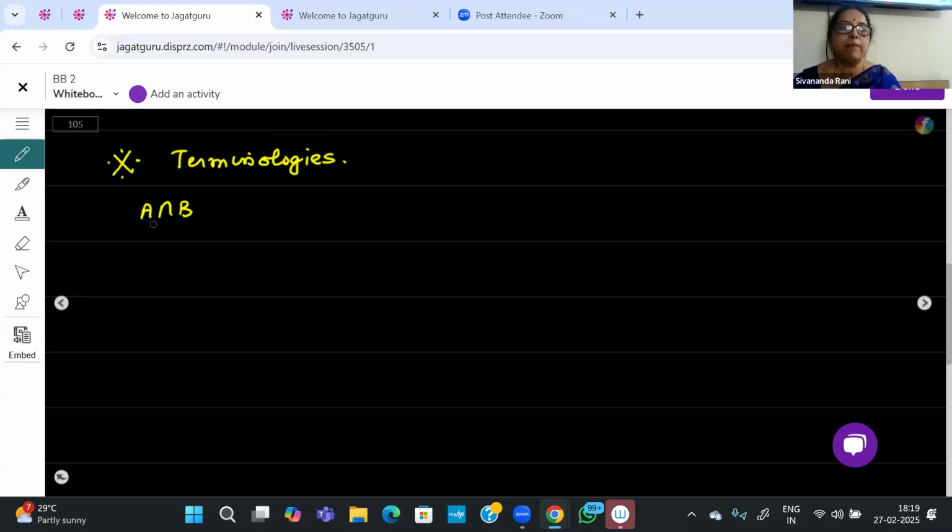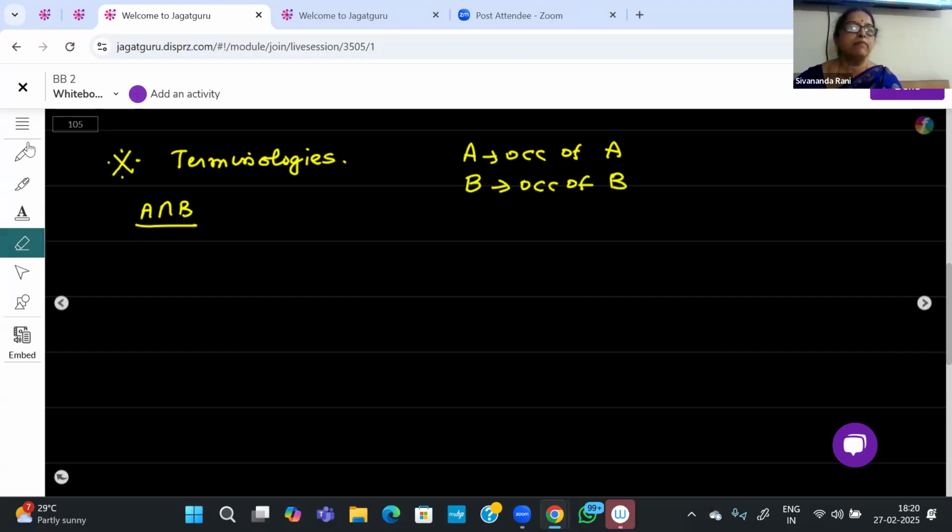So, for example, I'm interested in this event. A and B seem to be two different events. What does A intersection B depict? Can someone answer? A and B are two individual events. Say capital A stands for occurrence of A, and capital B stands for occurrence of B. What does A intersection B stand for?